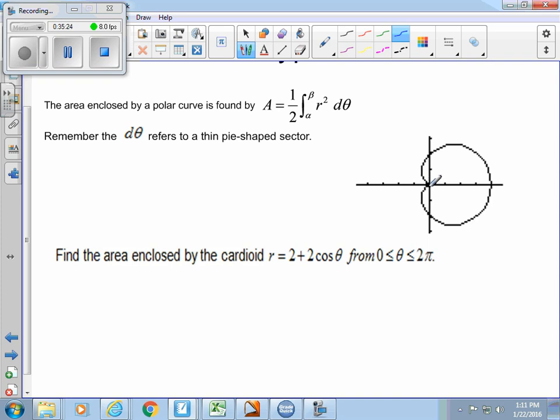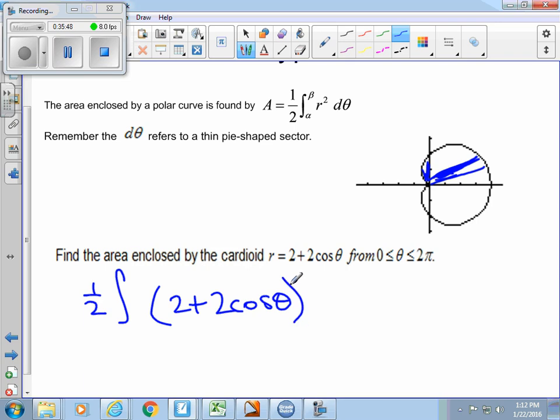So if I want the area enclosed by this graph, I'm going to do little sectors of circles all the way around. When I get over here, they look more like this, right? They look different. But the cool thing is I do 1/2 r, which is 2 plus 2 cosine of theta squared d theta.